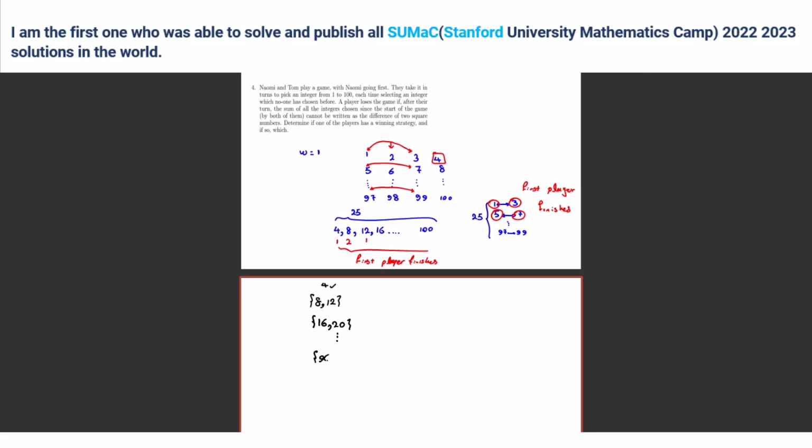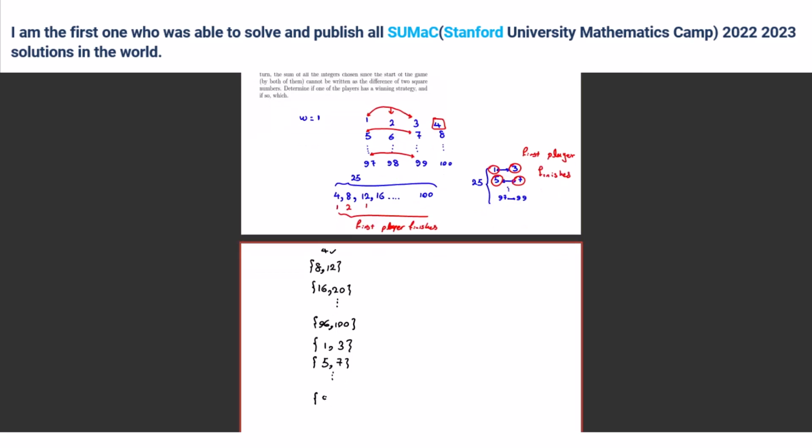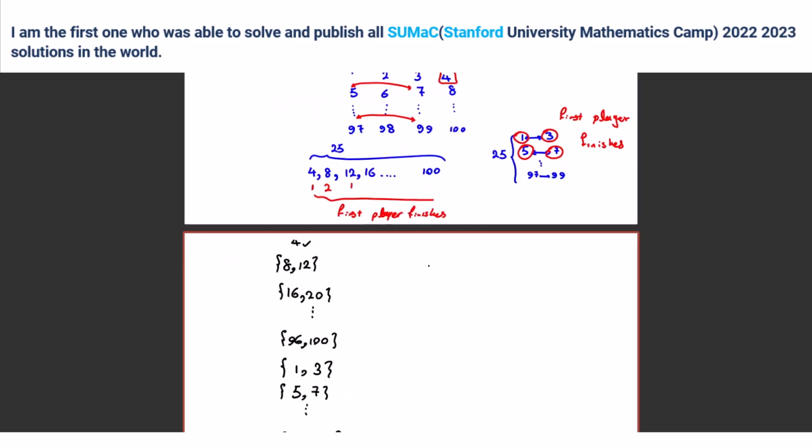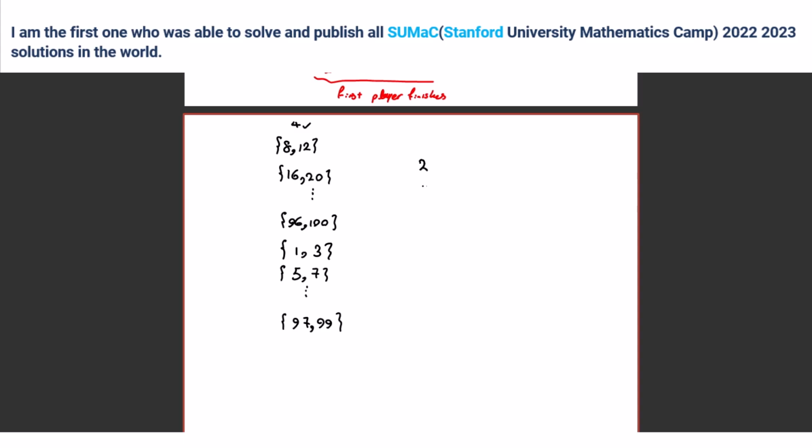Yeah. And 96 and 100. You don't need to explain. You only need to write these pairs. 1, 3, 5, 7 to 97 and 99, right? Yeah. So we have these pairs. And then you have what numbers? You have 2, 6 to 98 outside, okay?